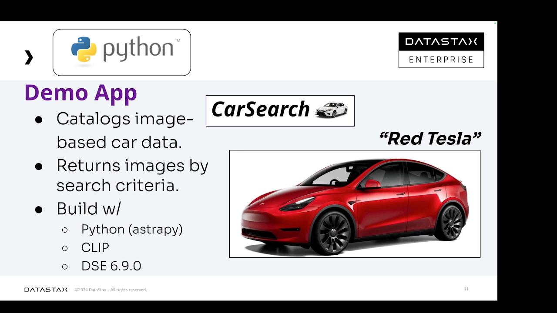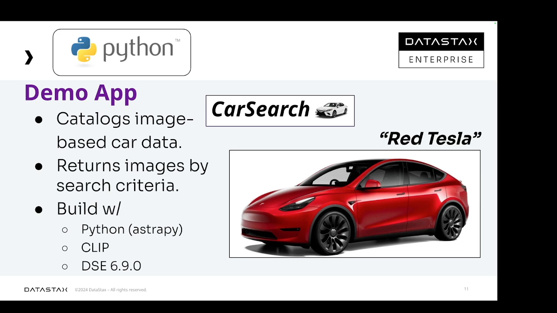And really what it does is it's just a Python app that runs on our AstraPy library. It uses the CLIP, or contrastive language image pre-training model, or sentence transformer from Hugging Face, and it will run on DSE 6.9. And essentially what it's going to do is just return images based on our search criteria.